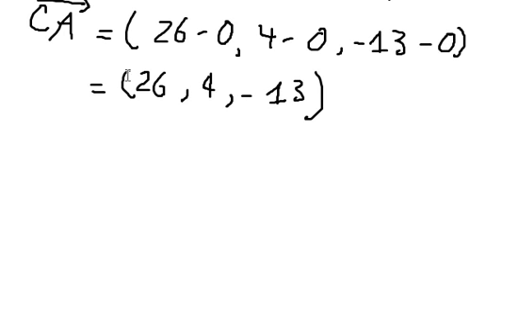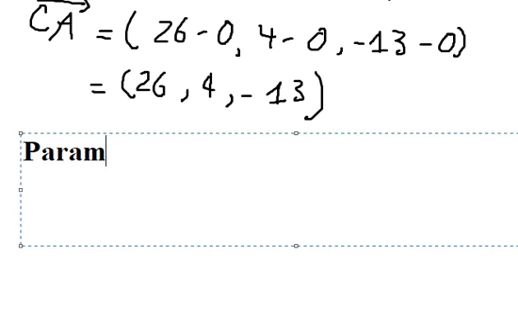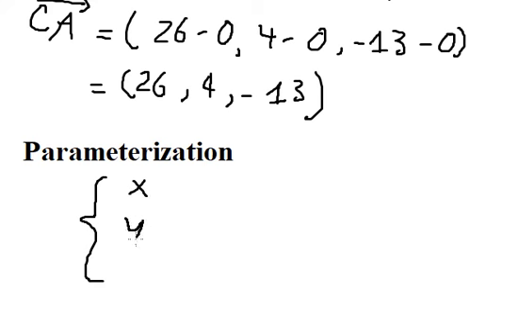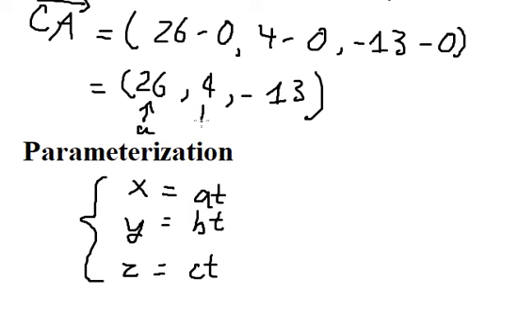The next one we can use is parameterization. In this situation, I will put x, y and z equal to at, bt and ct, where a, b, c is the direction vector.